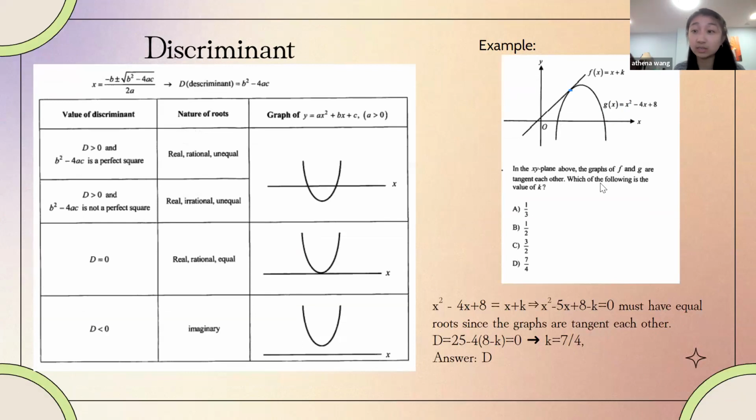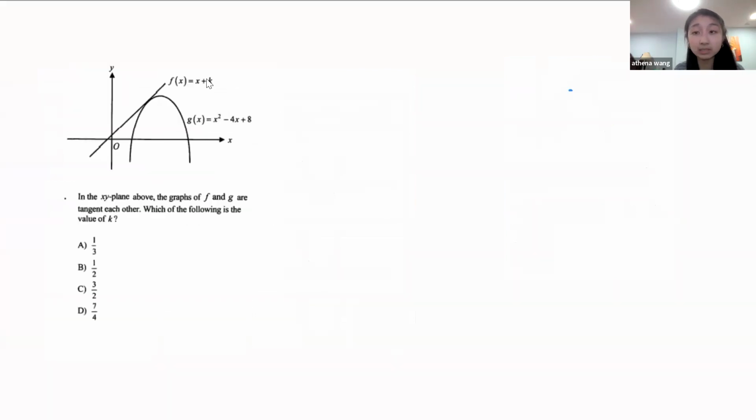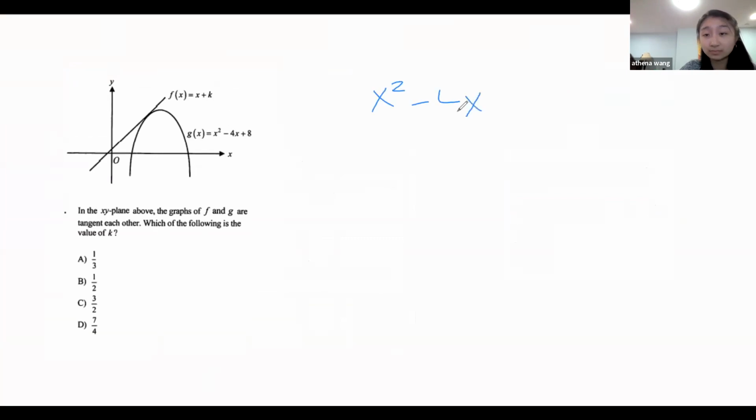I will move on to the next slide because that may be easier. So we have that x squared minus 4x plus 8 is the graph of the first one. And we're trying to find the point where these two equations are equal to each other.